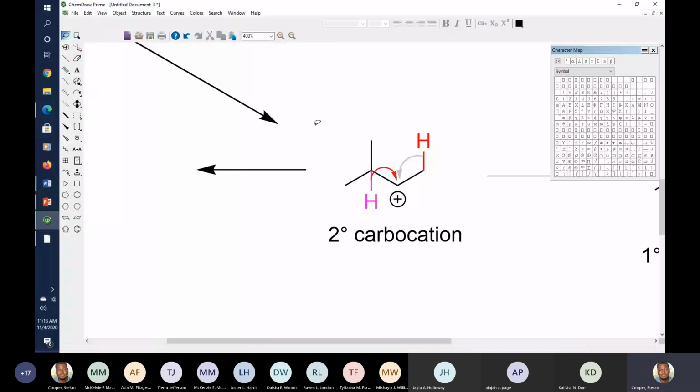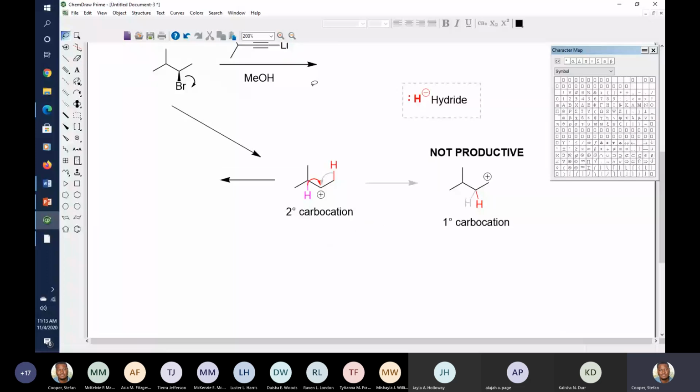So when I draw that molecule out, what do I get now? I get a plus. So I still added a plus to the original carbon. I'm going to call this purple now.